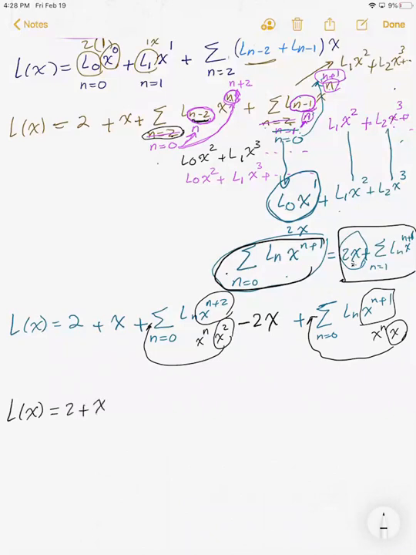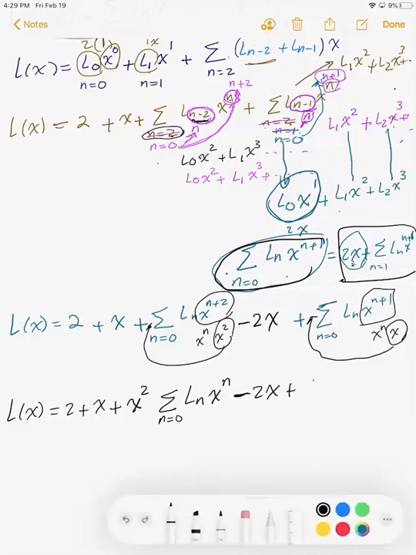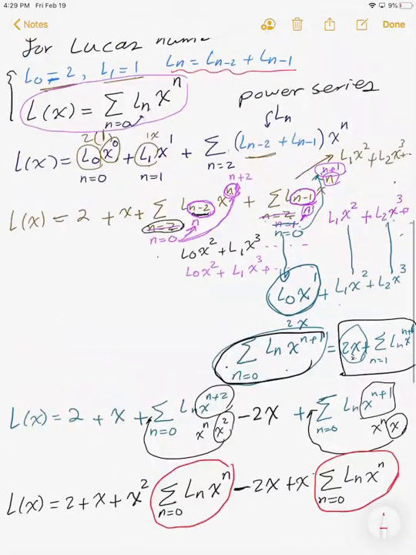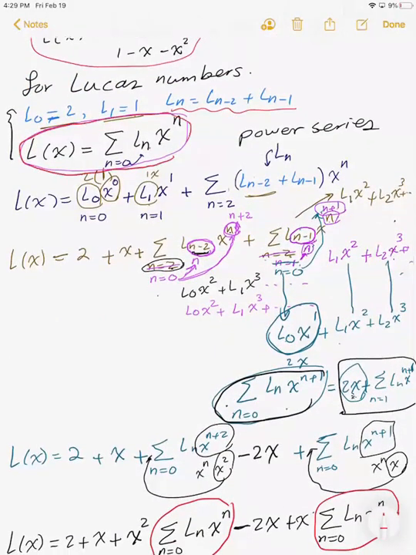So I get 2 plus x to the power 2 ln x to the power n, and it starts from 0. I have a minus 2x plus, instead of that, I'm going to keep the x outside, and it starts from 0, ln x, x^n. So next, what I'll do is I'm just going to change that and that to this guy, L of x.